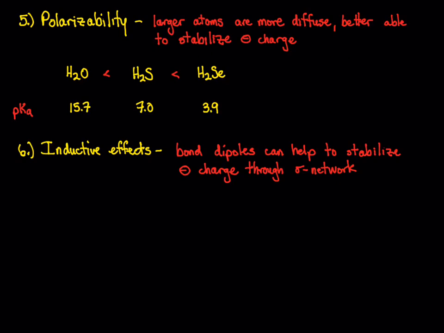Inductive effects are also important to acid strength. Bond dipoles can help to stabilize negative charge through the sigma network. Consider the following series of acids in which acetic acid is substituted with an increasing number of chlorine atoms.